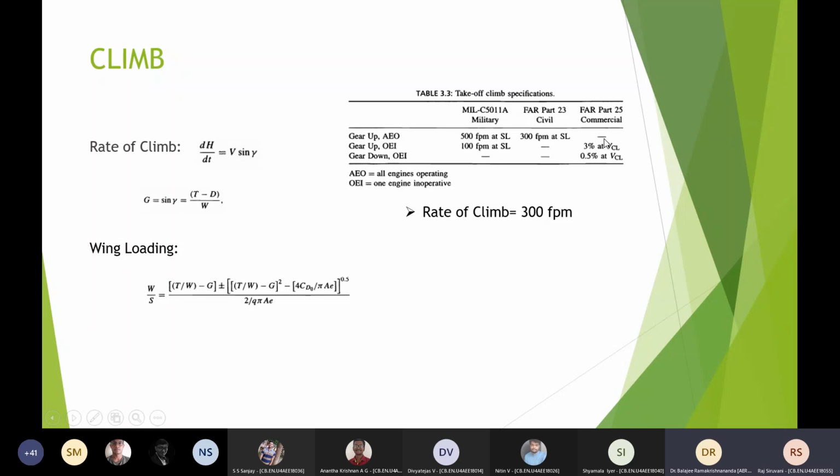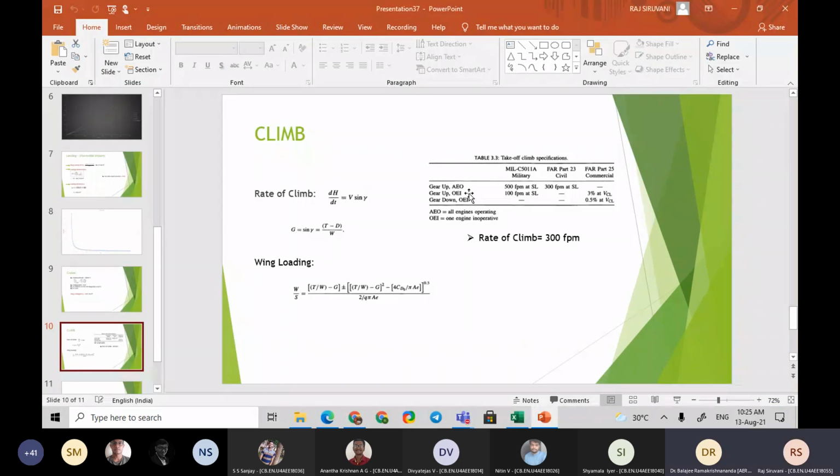Okay, Raj? So what is the difference between part 23 and part 25? See, in part 23, gear up, all engines operative. Look at the leftmost one. You bother only about all engines operative without the landing gear, that is, the gear is retracted. At sea level, it should have a climb rate of 300 feet per minute minimum.